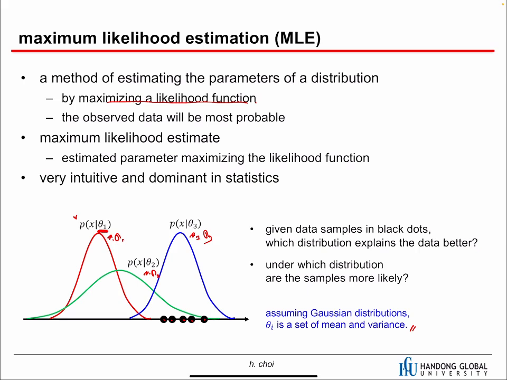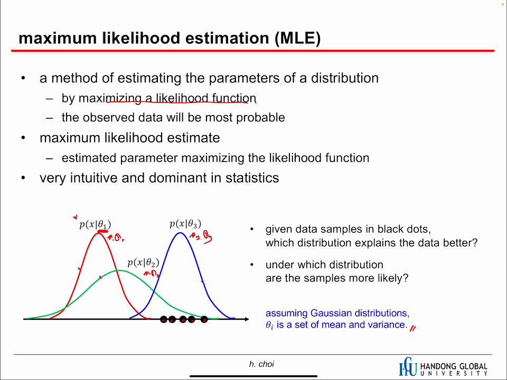In this graph, I'm just showing 3 examples, 1, 2, 3. Out of these 3, which one is more likely than the others? These samples are probably coming from this distribution rather than this or this, right? So that's more likely. That's the likelihood function.